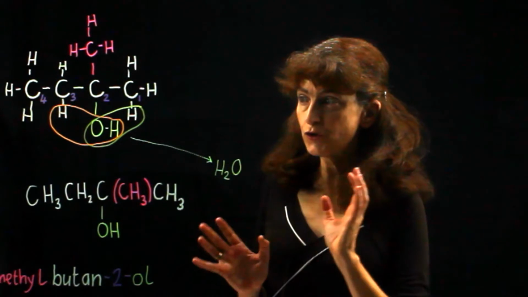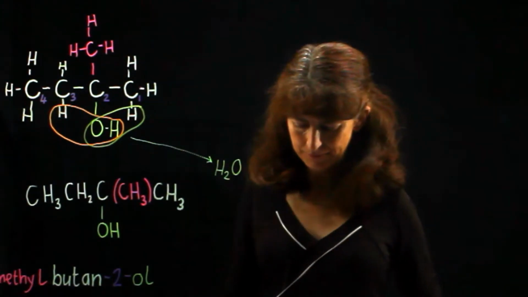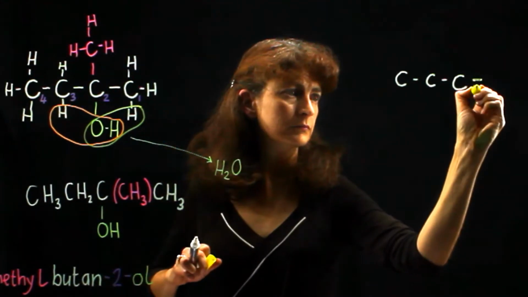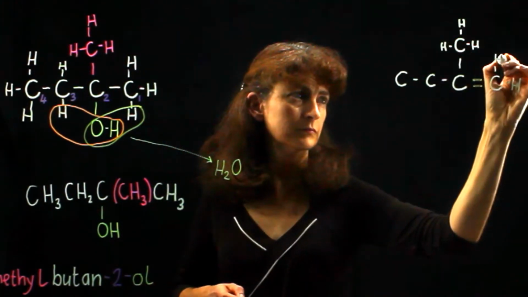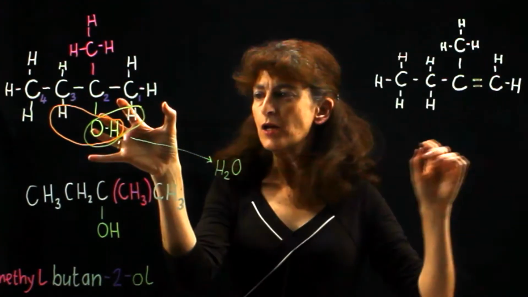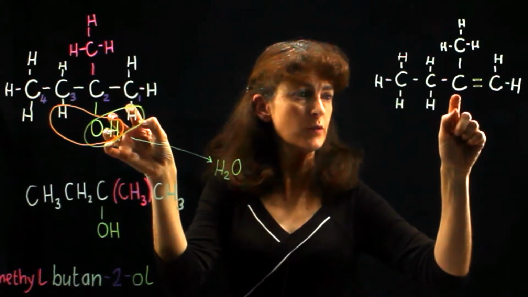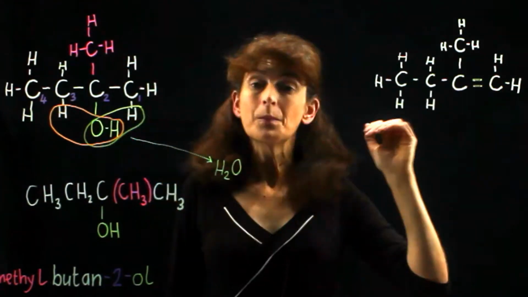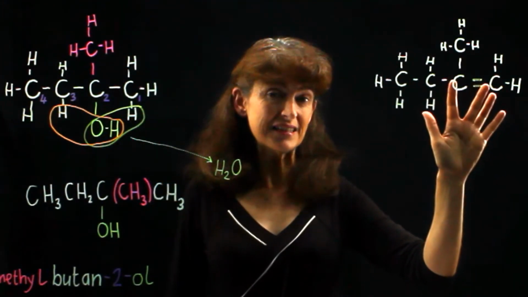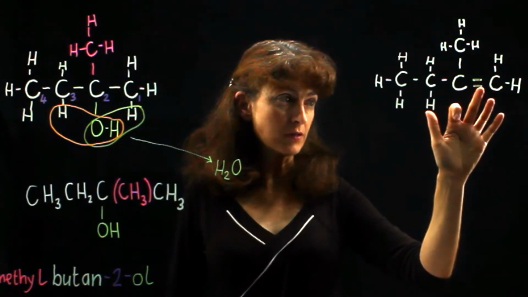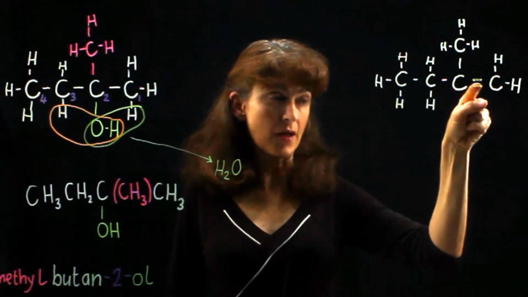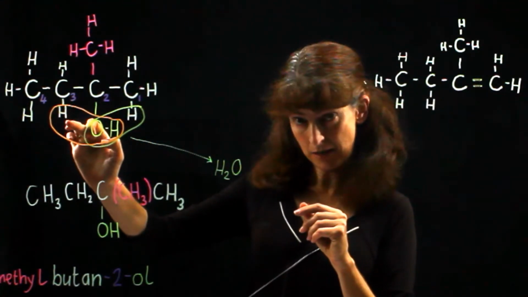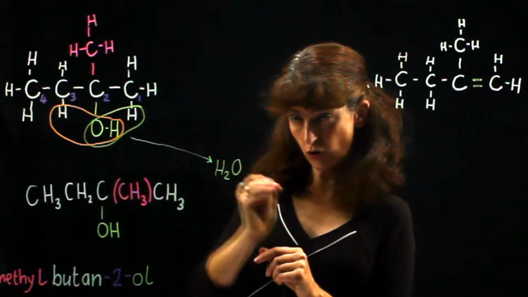Let's draw those 2 possible alkenes. First, if this hydrogen goes off, notice how this part has gone away, so we don't have the hydroxyl there anymore, nor do we have that hydrogen. But since both of those carbons still need 4 bonds, the hydroxyl and the hydrogen are replaced by that double bond there. Now, how about if instead that hydrogen atom goes off with a hydroxide?